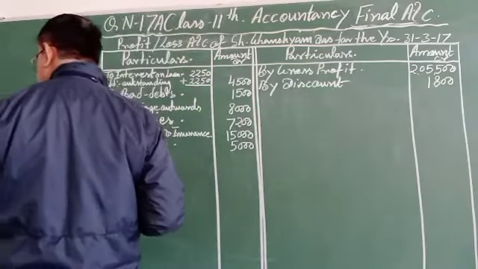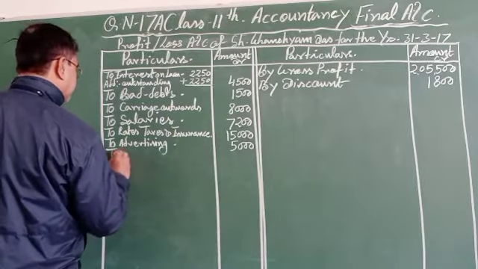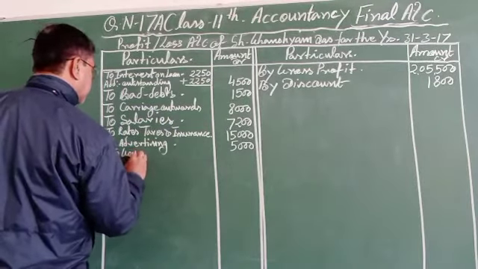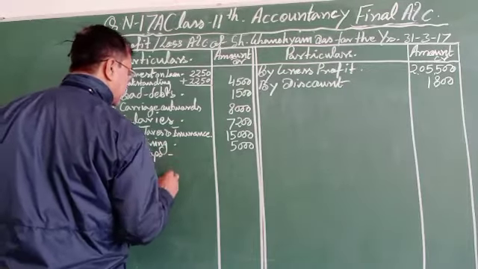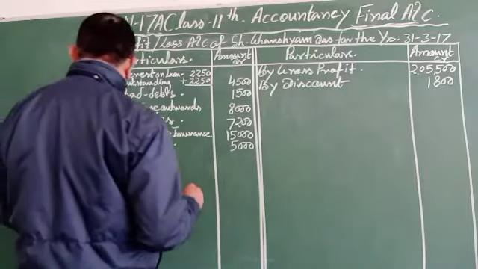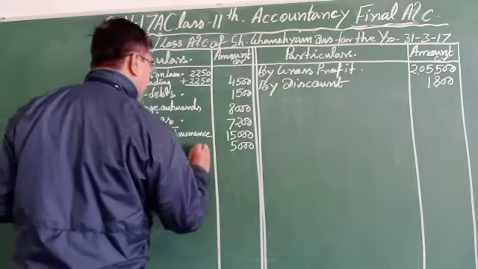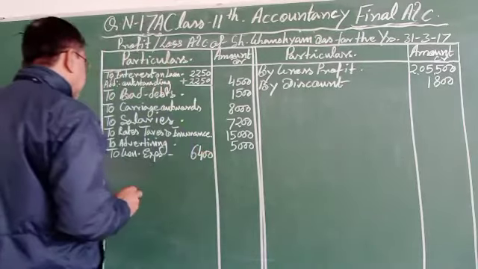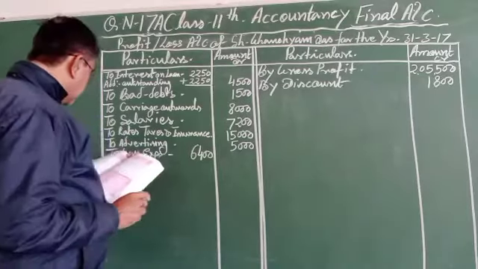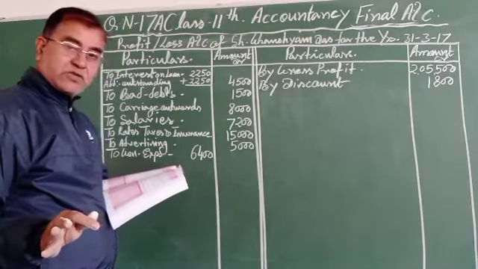To general expenses. Inside of the column we will write this one, because additional information is given regarding the general expenses. Ghanshyam Das withdrew 2,000 for his private use.